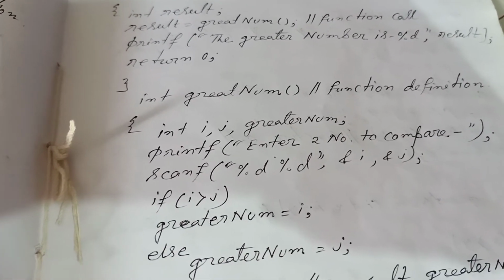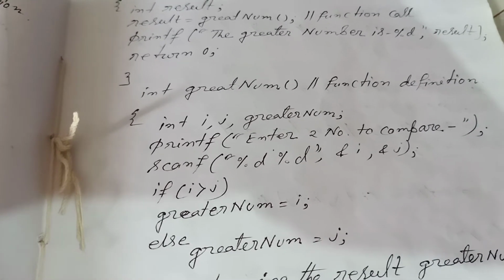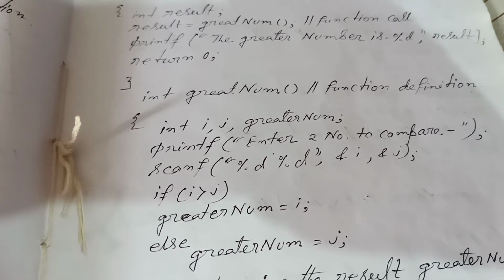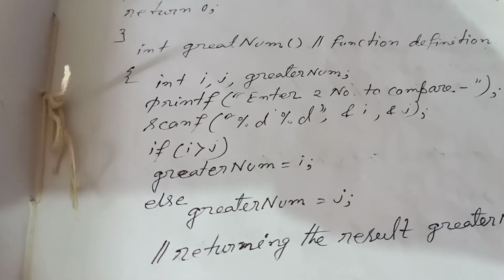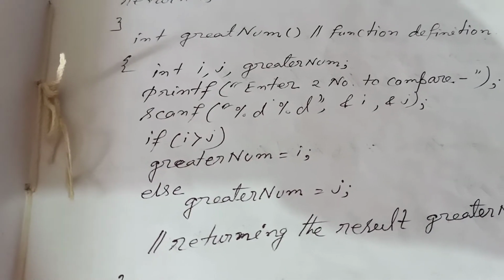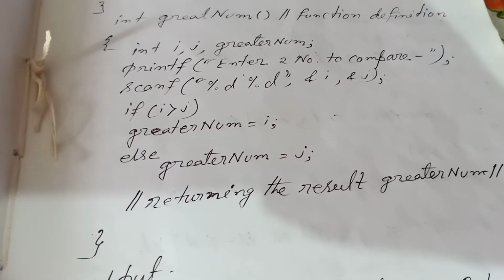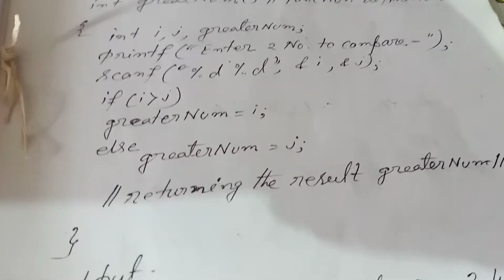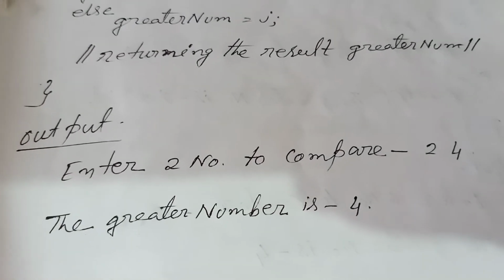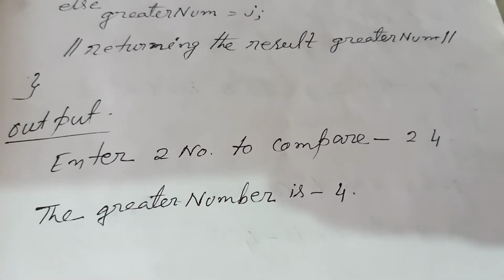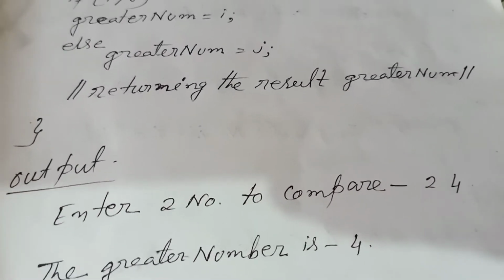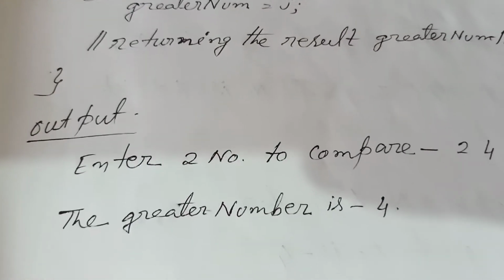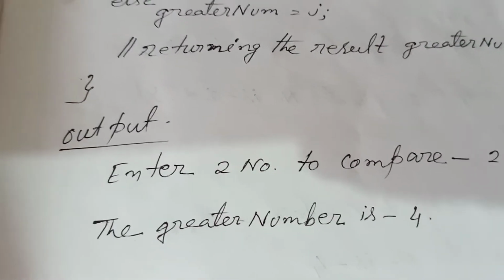If i is greater than j, greater number equals i, else the greater number equals j. Here we are returning the result as greater number. The output would be: enter two numbers to compare, 2 4. So the greater number is 4. This is the second type.